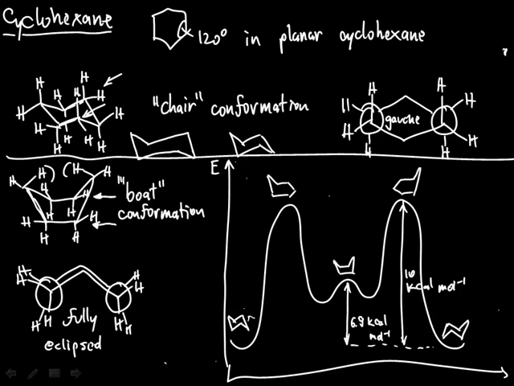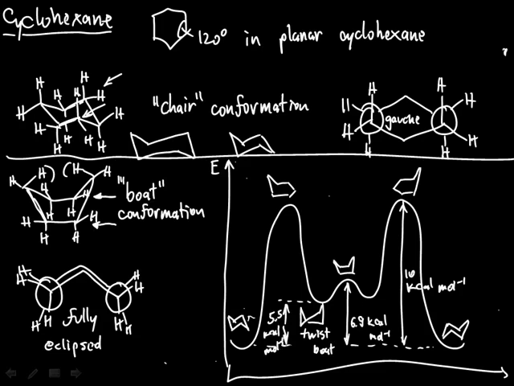But a more interesting one is this conformation, which is basically like a boat which is twisted, and which is accordingly called the twist boat conformation, which is about 5.5 kilocalories per mole less stable than the chair conformation.